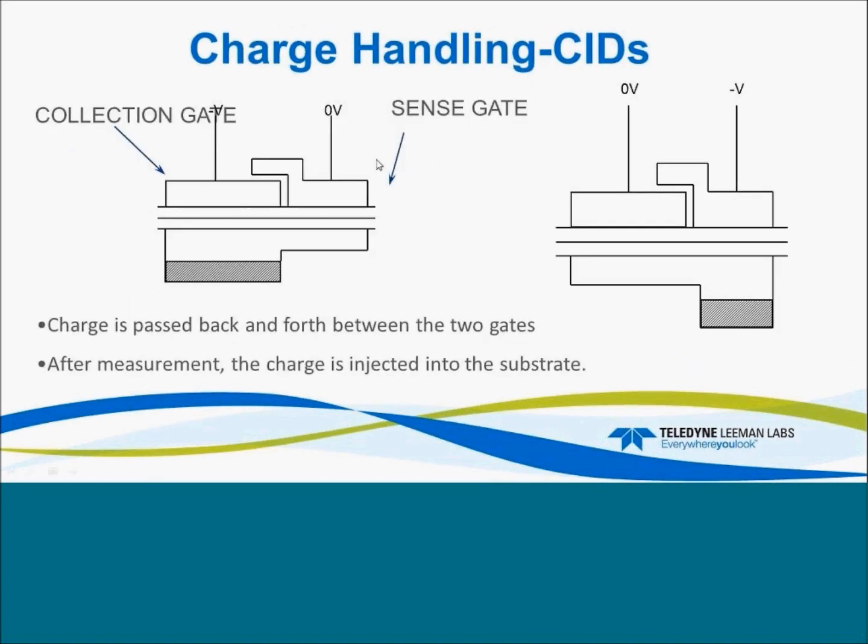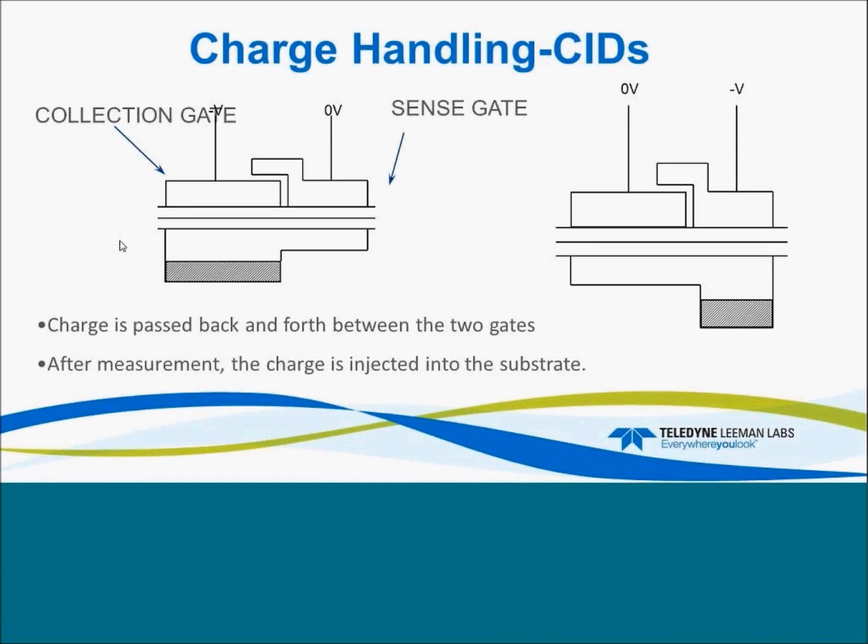Okay. And the way the CID handles charge is very similar. We have gates, and we can pass the charge back and forth between the two gates. Essentially, to prevent saturation, the detector is capable of looking at the charge in a pixel.